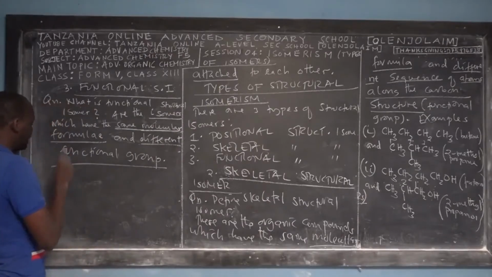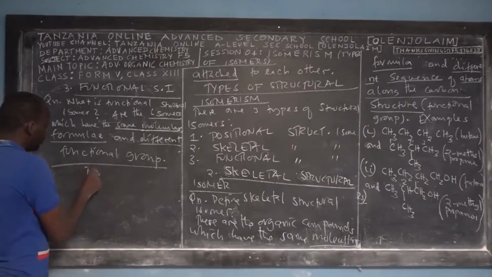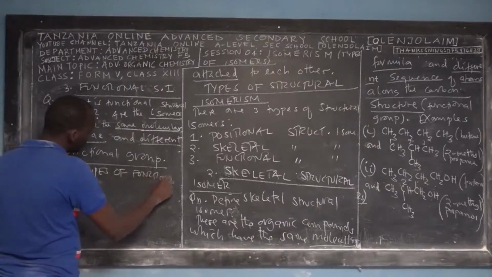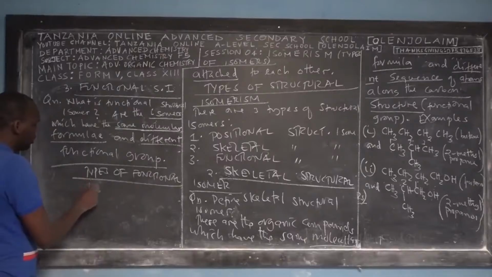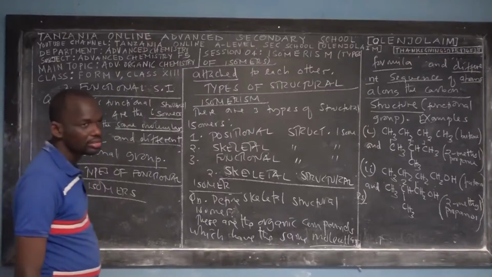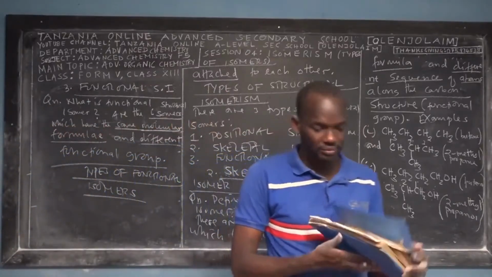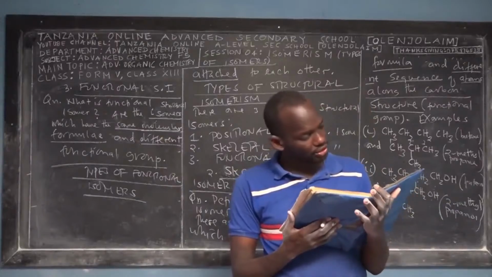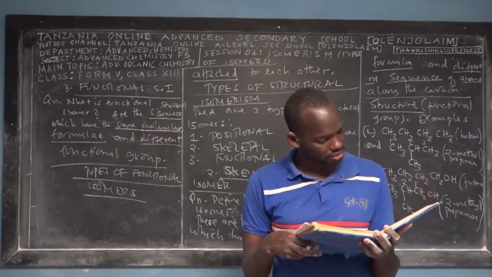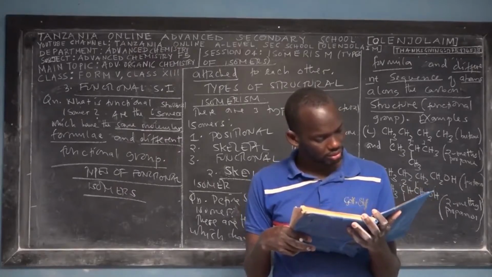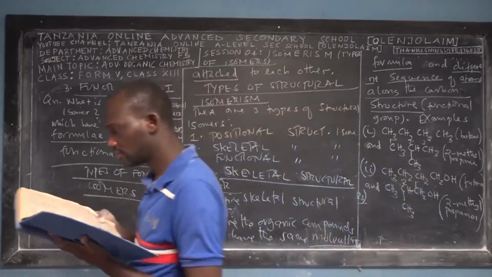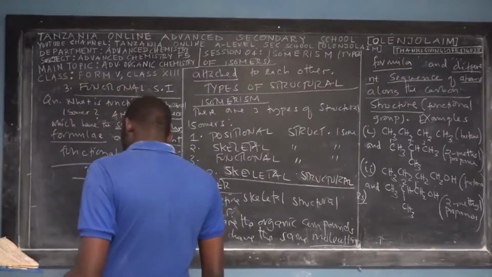So for this case we have different types of functional isomers. We like to group them according to the functional group that they share. The first group, I would like to give you examples of alkenes and cycloalkanes.